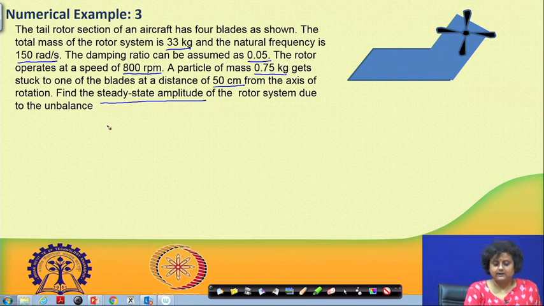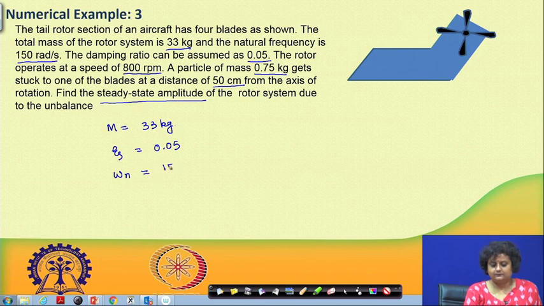We know that the mass of the rotating section, the entire mass, is 33 kg. The damping ratio is 0.05. The natural frequency omega n is 150 radian per second.